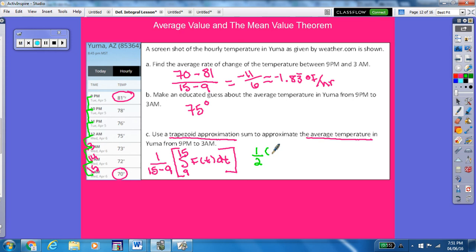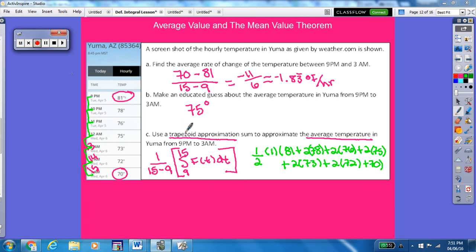The height is 1, and I'm going to do the first y value, which is 81, plus 2 times the second, plus 2 times the third, plus 2 times the next one. And I'm going to press pause and finish this. You can do this. Okay, so here we are.